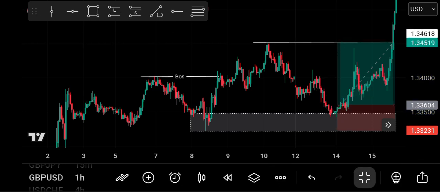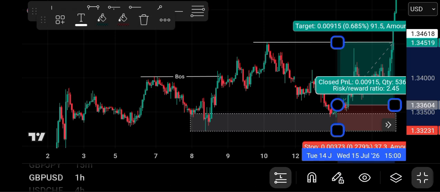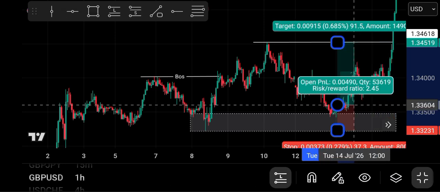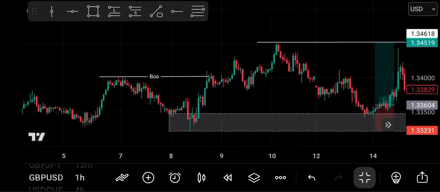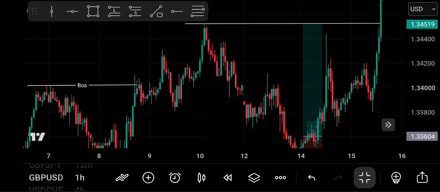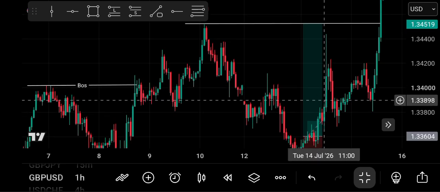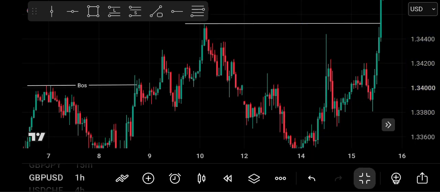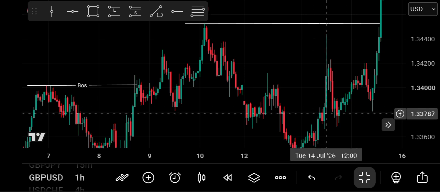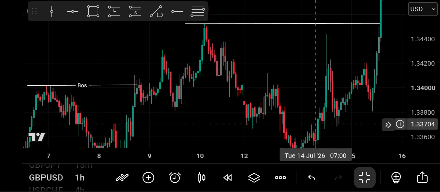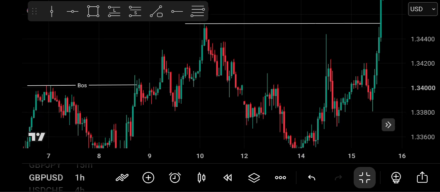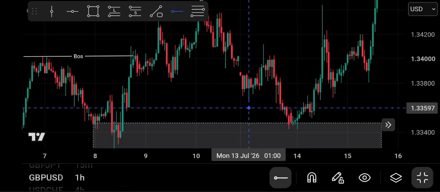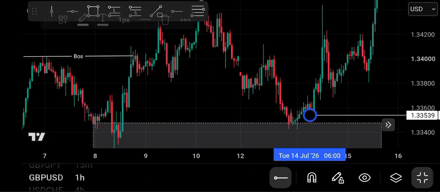But then, because of fear, some people will decide to enter there. Price is already moving in their favor. They will start trailing their stop loss by candle. Let's say price made this big bullish move here. Their stop loss would be here.